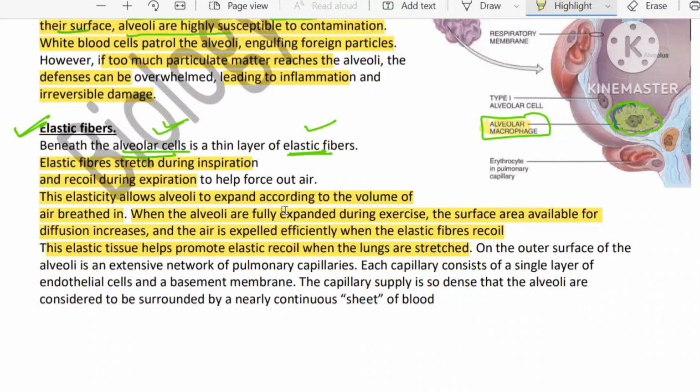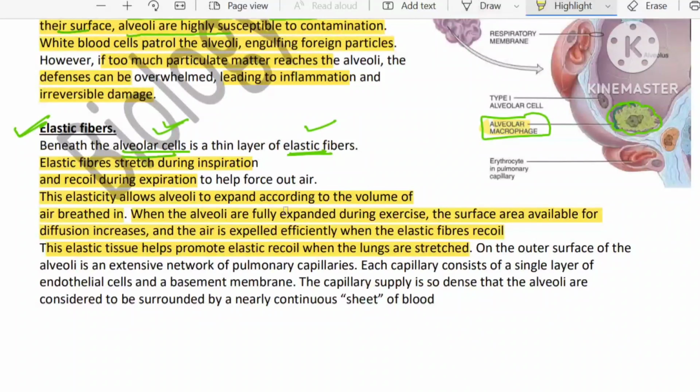And last is the topic elastic fiber, which helps the lungs expand to the maximum when you are doing forceful inspiration, and because of the recoiling, the air is properly expelled out. So they are responsible for making the alveoli expand properly and recoil when exhalation is going on.